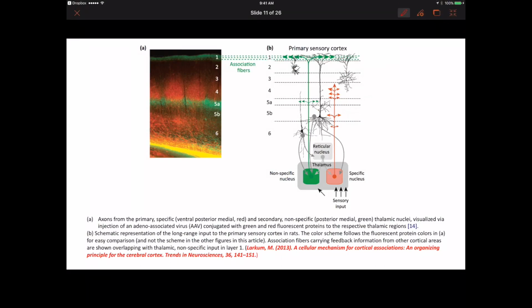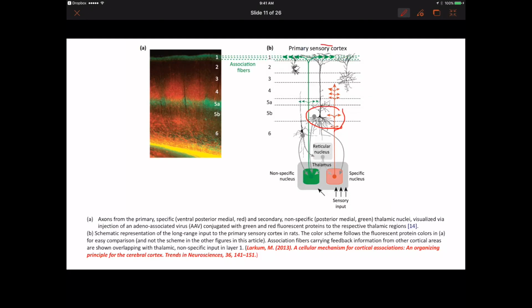So here is kind of the fine structure of this. To the left you see the wiring diagram as evidenced by some retrograde transport of some viruses injected into nuclei in the thalamus. But what we're interested in here is the right side of the panel. And you see again here in layer 5 of the cortex your trusty pyramidal cell.